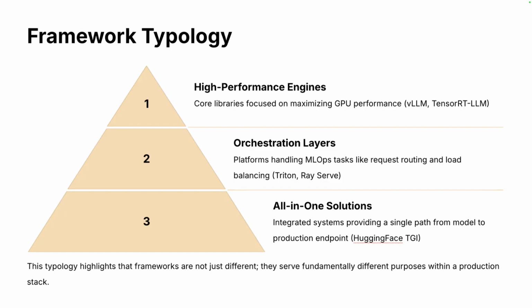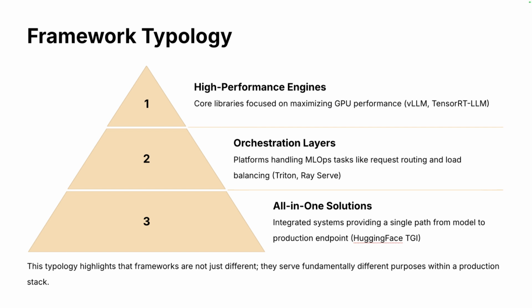So when we talk about the LLM serving frameworks, it's important to understand that they're not all trying to solve the same problem. You can see this taxonomy here, which breaks them down into three main categories, each serving a distinct role in the production stack. First, we have the high performance engines, things like vLLM and TensorRT-LLM.